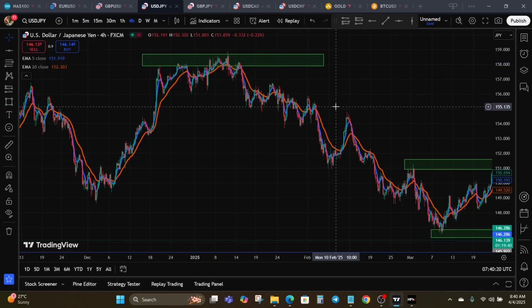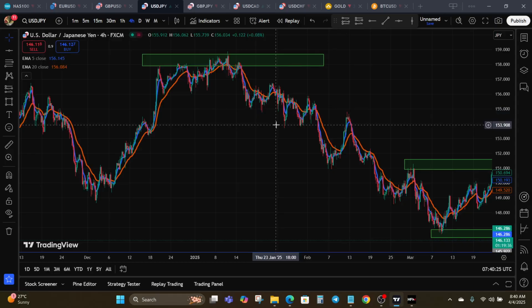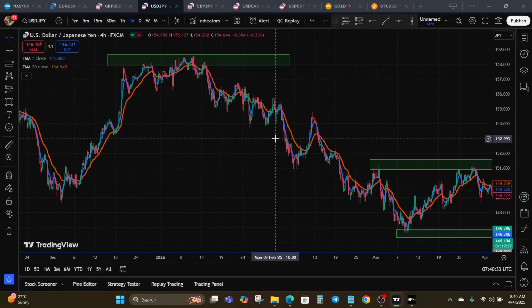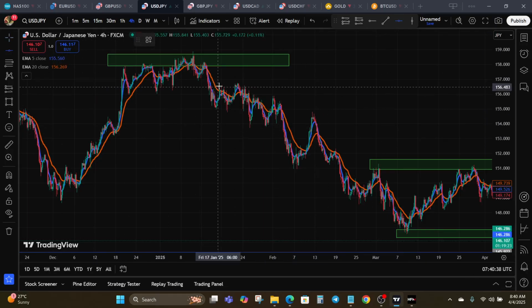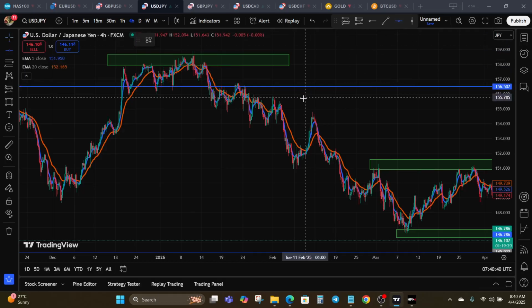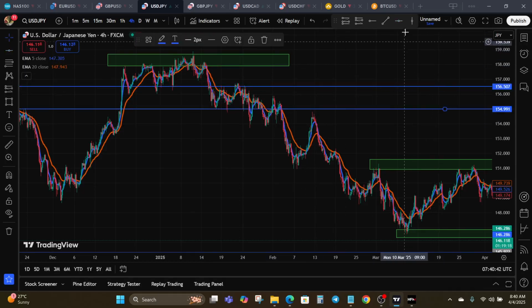And then we look out for price action patterns like pin bars, engulfing candles, or break and retest setups. So the first thing for you to do is to identify a clear trend. Start by identifying a clear trend. You mark out major support and resistance levels that you can find on the chart.